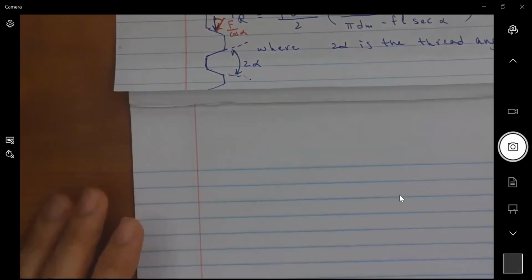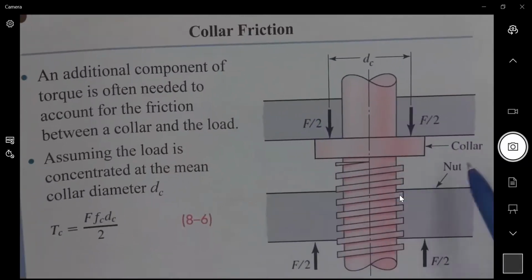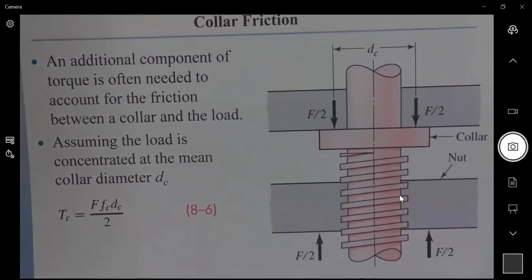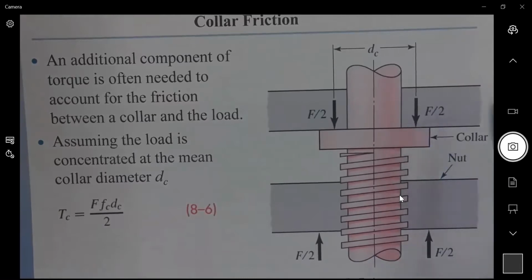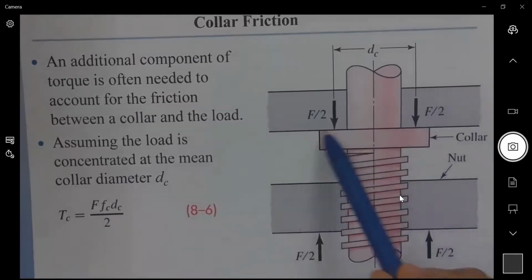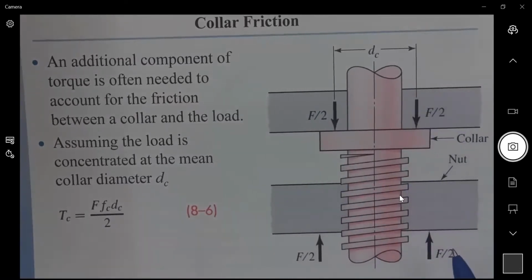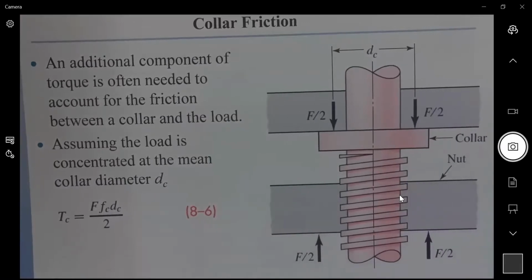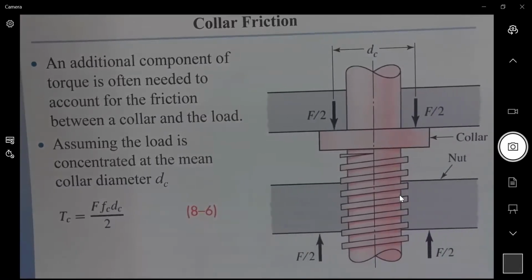We also looked at a case if we have a collar supporting the load, and we said that an additional component of torque is needed to account for the friction between the collar and the load. So as we turn the screw, there is this additional friction that we need to resist.